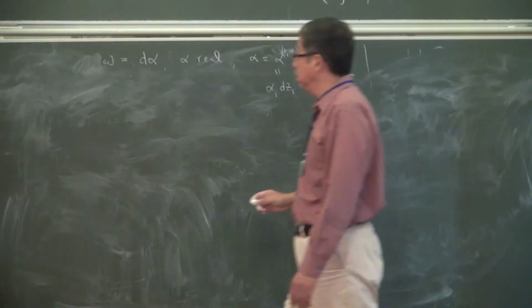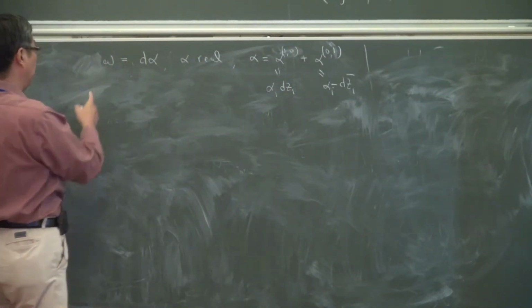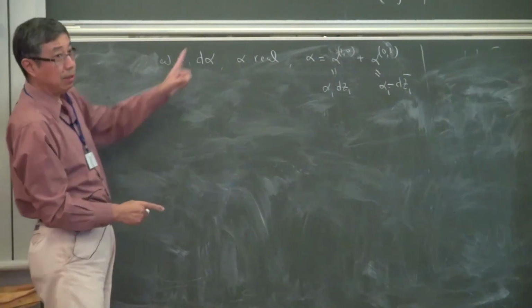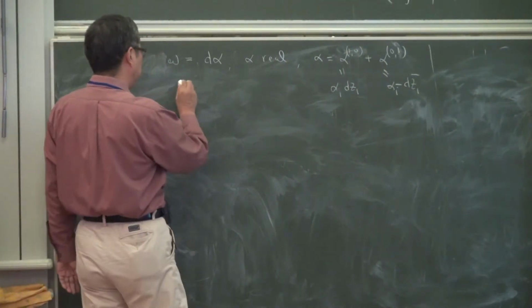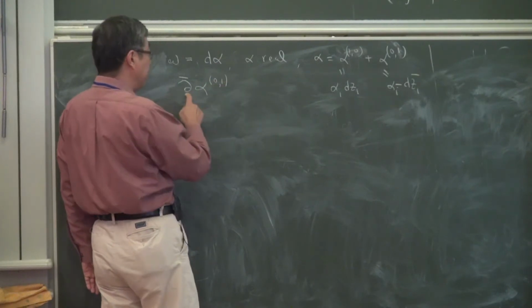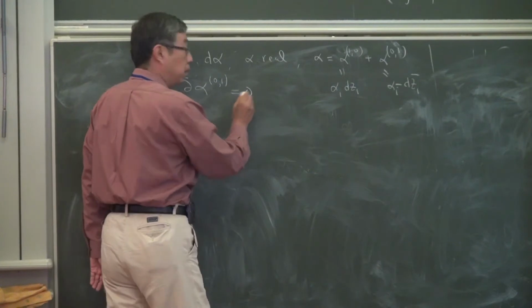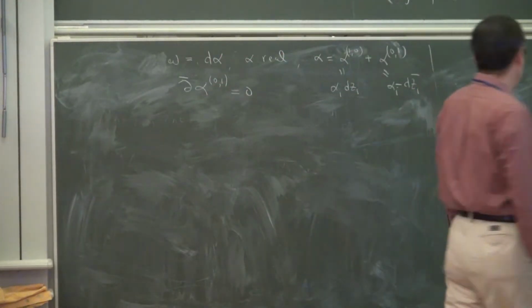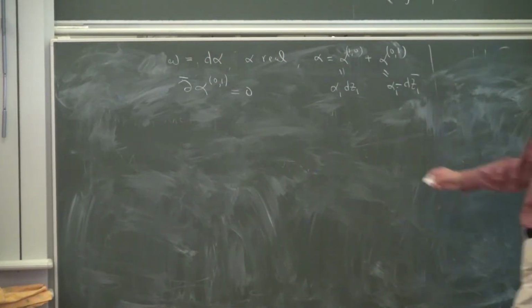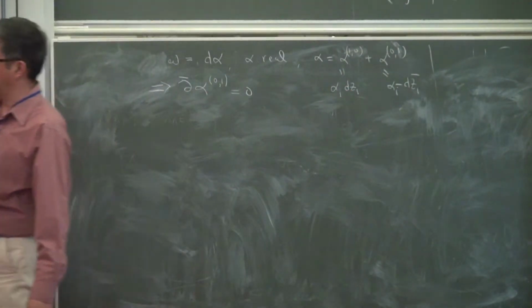Then you look at this. Since omega only involves one holomorphic direction and one anti-holomorphic direction, that implies that d-bar of the anti-holomorphic part of alpha is 0. It's simply because omega is of this form.